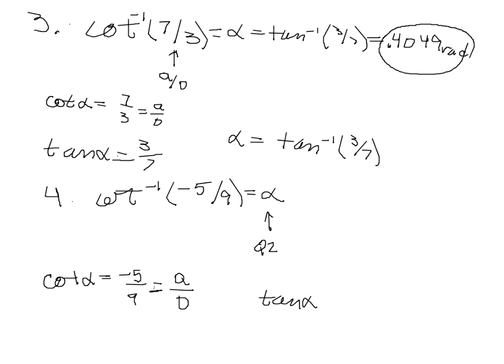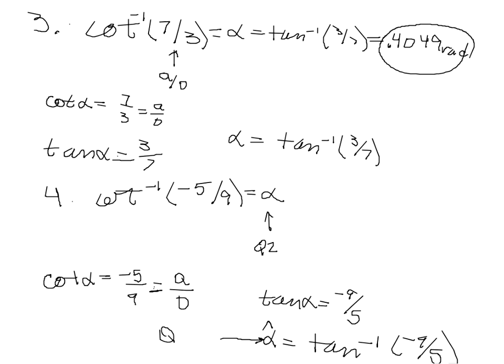Now when I take tangent alpha, that's going to be the reciprocal, minus 9/5. So alpha is, and I'm going to call this alpha hat, because when I take the inverse of both sides, I'm not going to get alpha. I'm going to get something that's in quadrant 4, which is not in quadrant 2. When I use inverse tangent, I get something that's between minus pi over 2 and pi over 2, not something between 0 and pi.